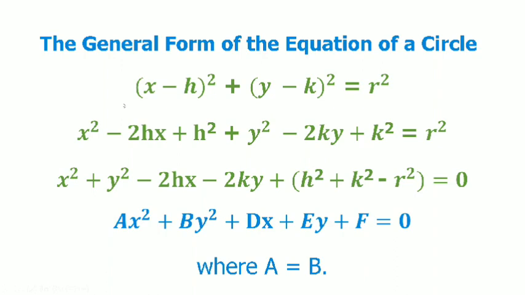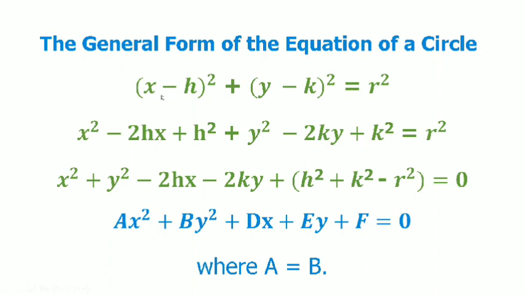We have now the general form of the equation of a circle. So using the standard form of a circle with center (h, k), we have the quantity (x minus h) squared plus the quantity (y minus k) squared is equal to r squared.